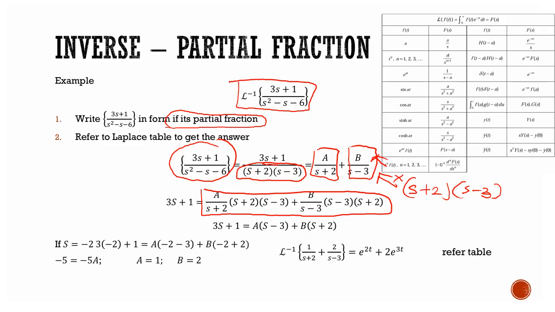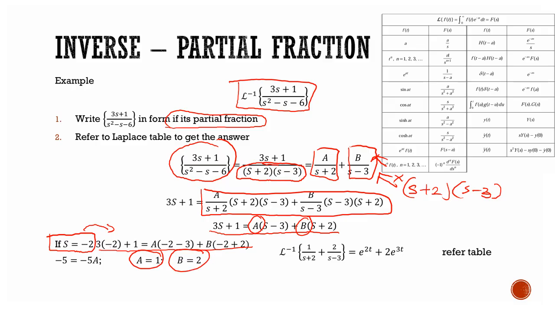Once we get here, we simplify and get this equation where we can solve for A and B. So we substitute s equals negative 2 into the equation, which gives 3 multiplied with negative 2 because we are substituting s with negative 2, and we get a solution of A equals 1 and B equals 2.